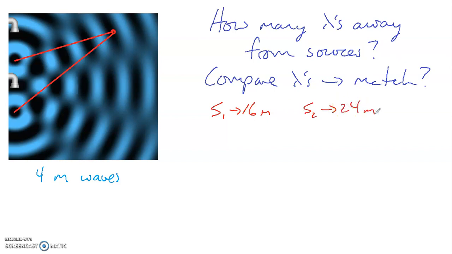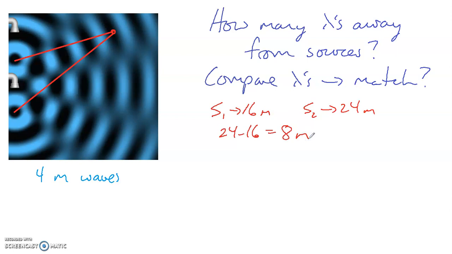Okay, now you want to figure out how many wavelengths actually match up nicely. So let's see. Obviously source 2 is further away. And if we do that, 24 take away 16 is 8 meters. So source 2 is 8 meters farther.